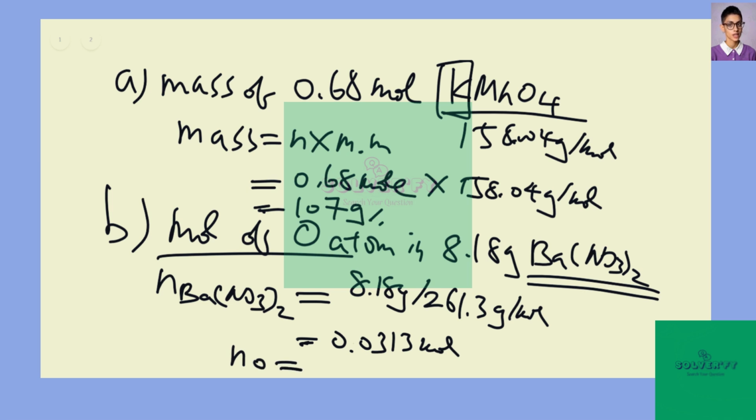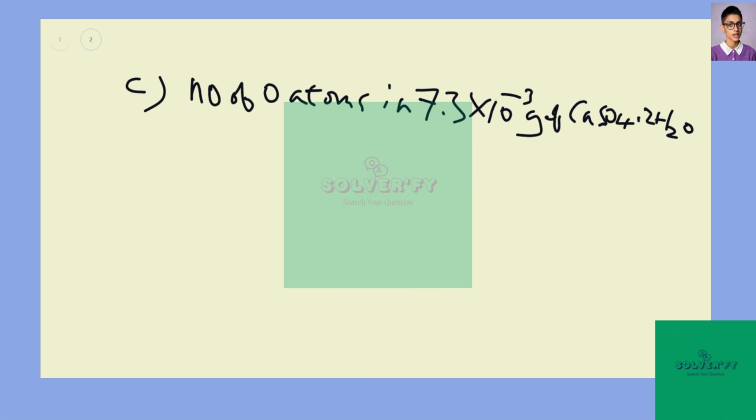So for every mole of barium nitrate, we should have 6 oxygen. So if we have 0.0313 mole of barium nitrate, we should have 0.0313 times 6, which equals 0.1878 moles of oxygen atom.